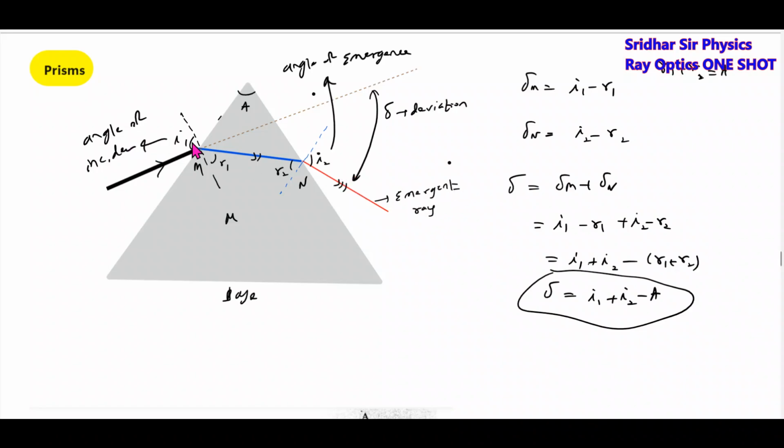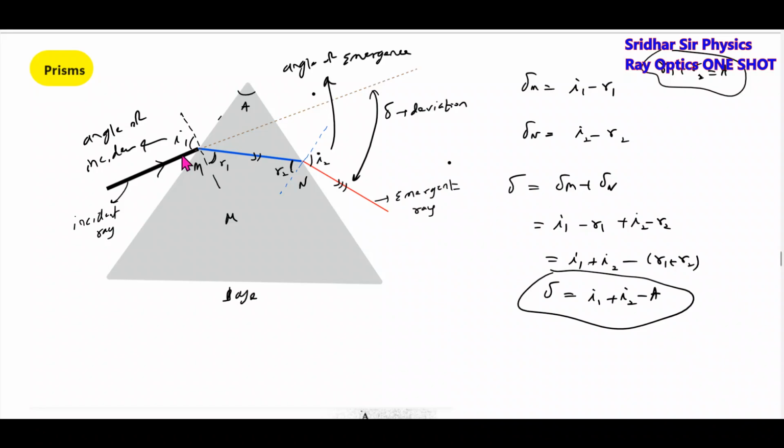We'll call this the incident ray, refracted ray, and this is called the emergent ray. This is the angle of emergence I2. These are refracting angles. Then from this quadrilateral and triangle, R1 plus R2 should be equal to A. In almost all prisms this condition will be applicable.